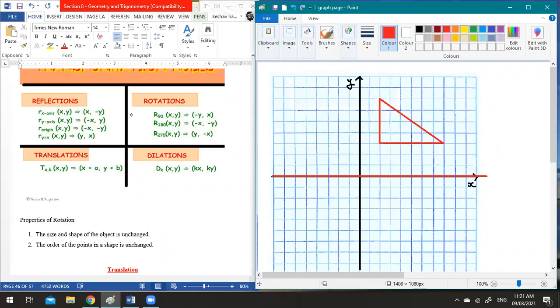and we want to reflect in the x-axis, according to the rules, we'll keep the x and change the y to a negative. So let's put values to this.